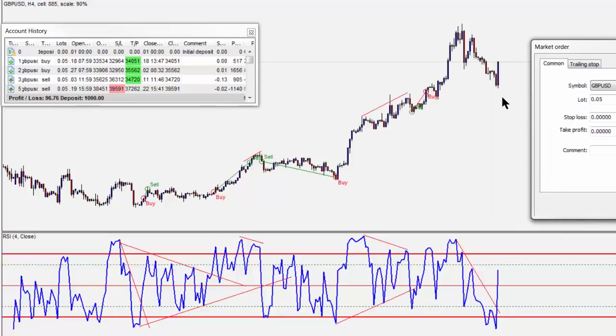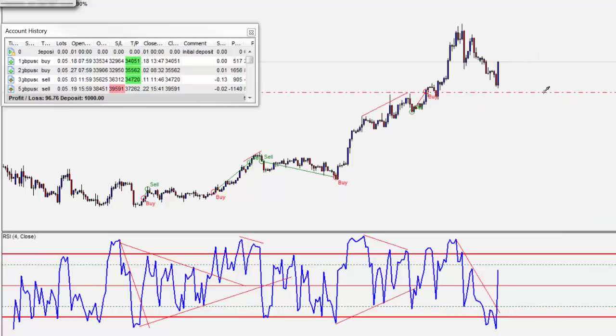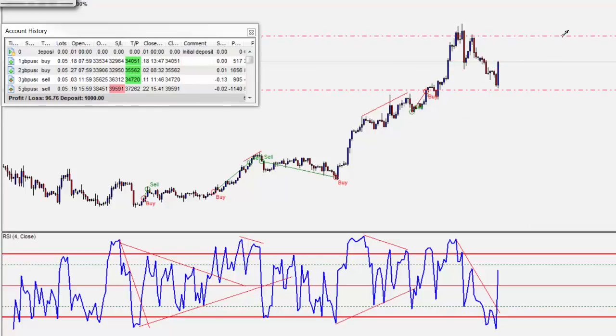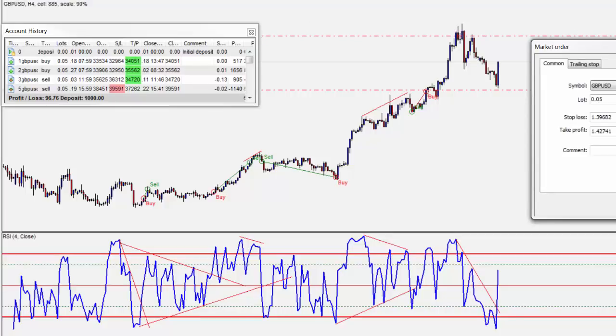Where are we going to put the stop? Just below the low. Where are we going to put the target? Most probably at that high over there. Yeah, that's about a 1-on-1 risk return ratio, and let's buy that one.